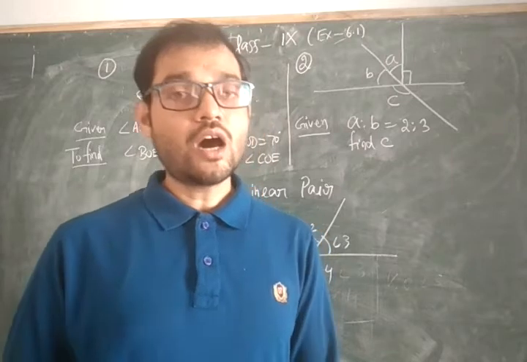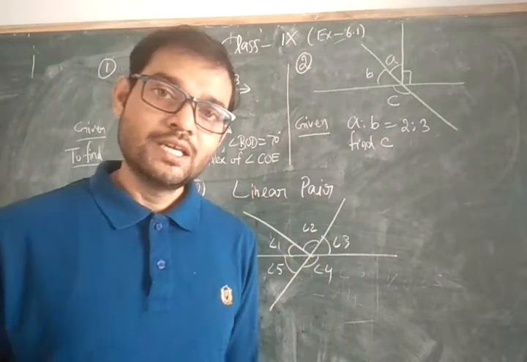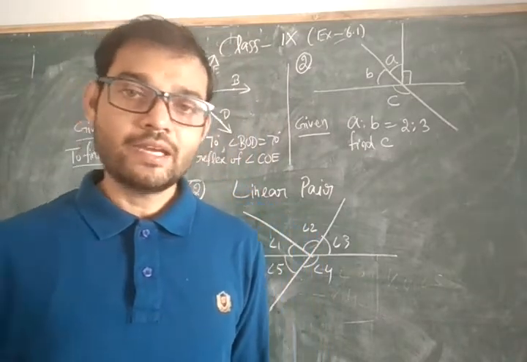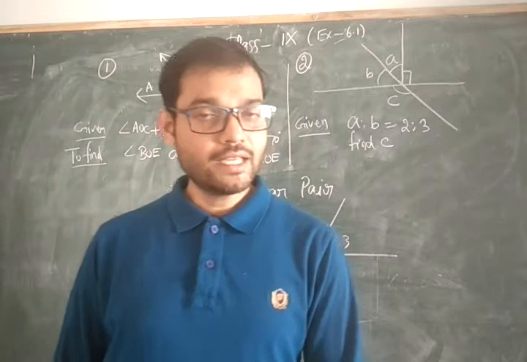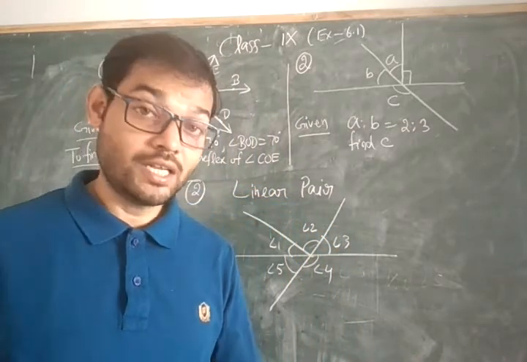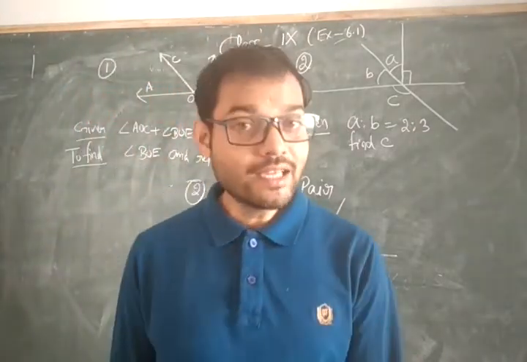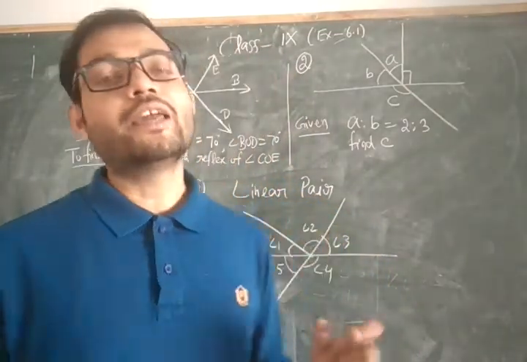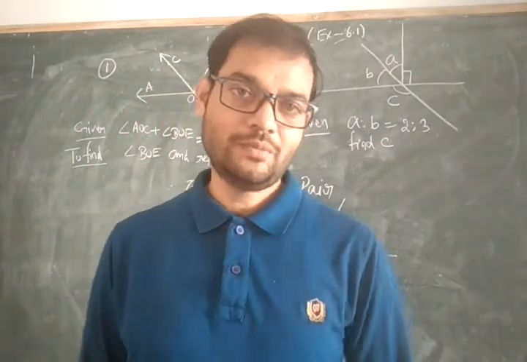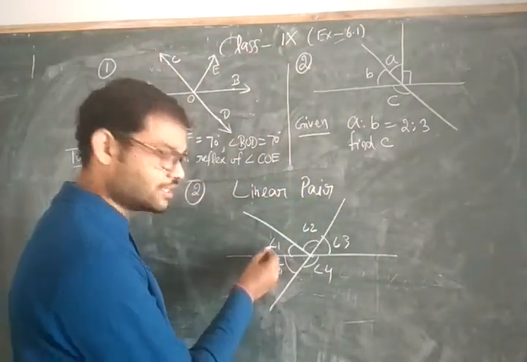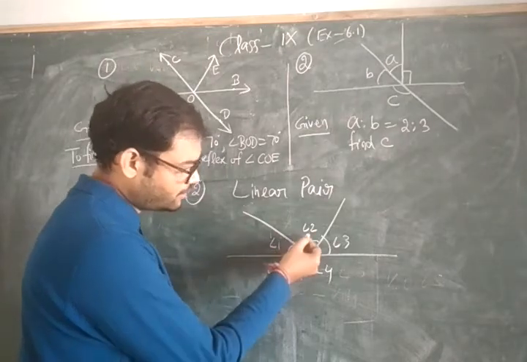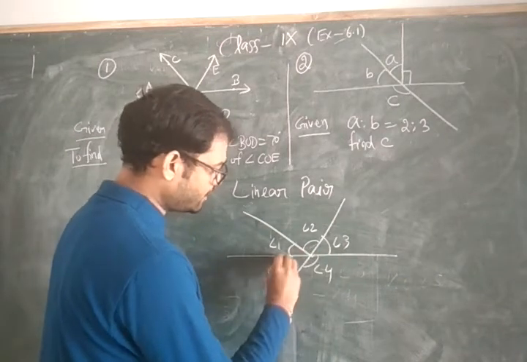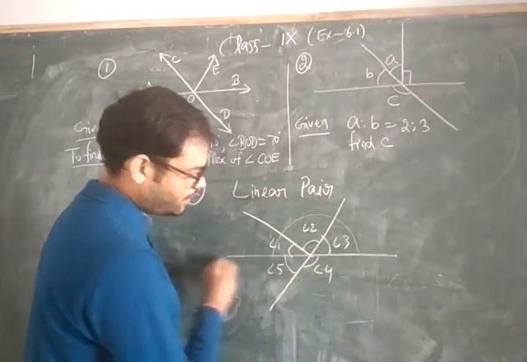In this figure, how will we identify that there is a linear pair? Linear pair means that the sum of the angles is 180 and the angles after adding become a straight line. For example, if you see carefully, angle 1 plus angle 2 plus angle 3, if you add all these three angles, it becomes a straight line.